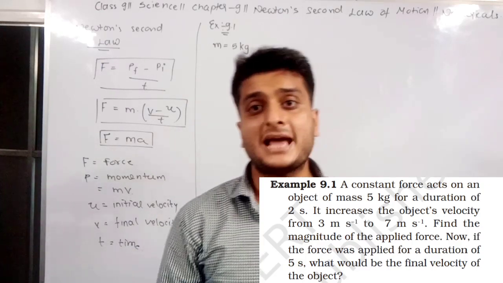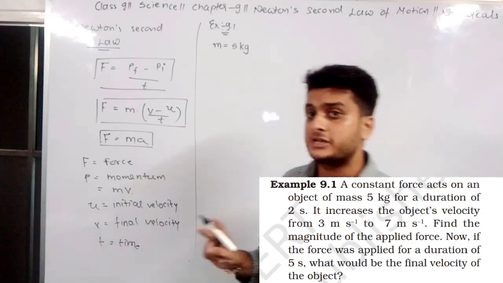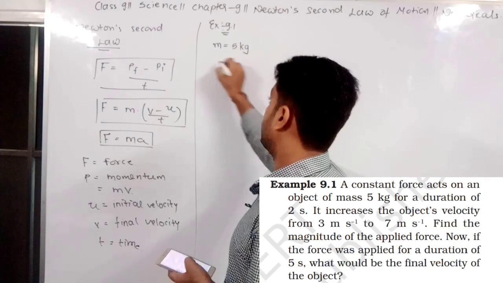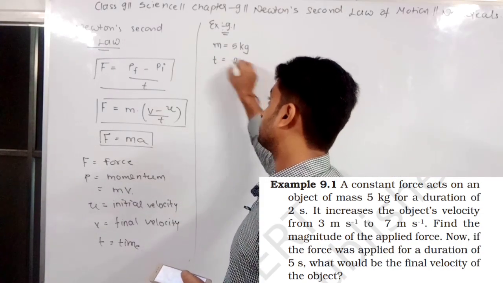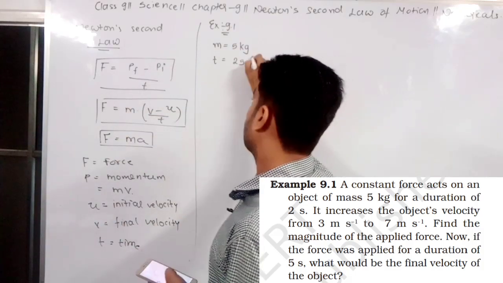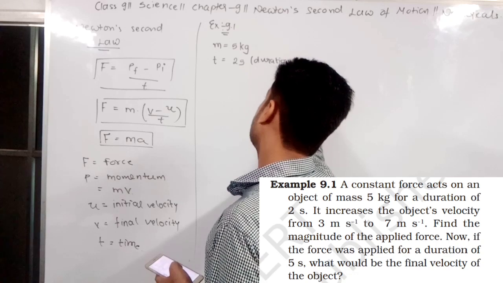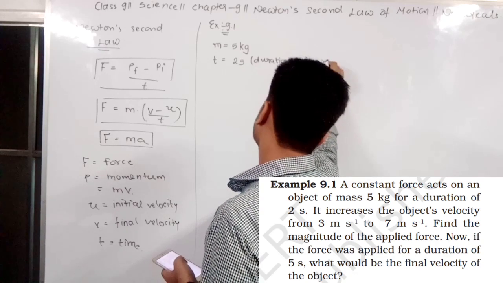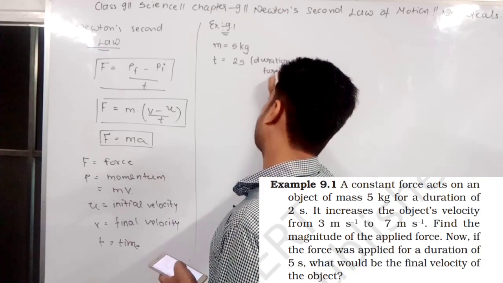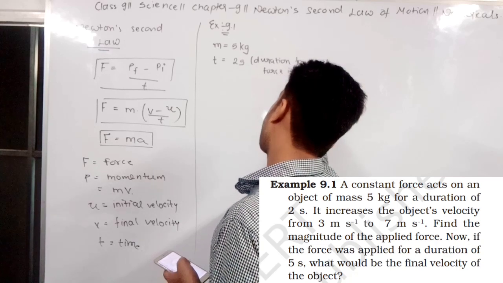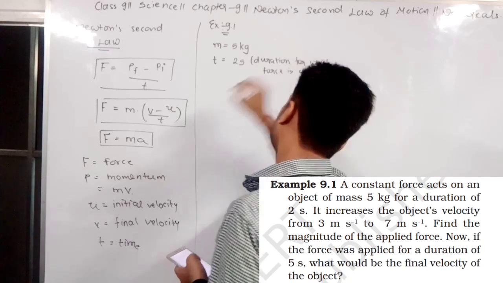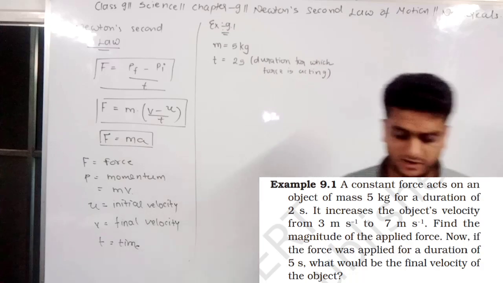So force is acting for the duration of 2 seconds. Duration मतलब time, so it is acting for 2 seconds, okay. This is the duration for which force is acting.